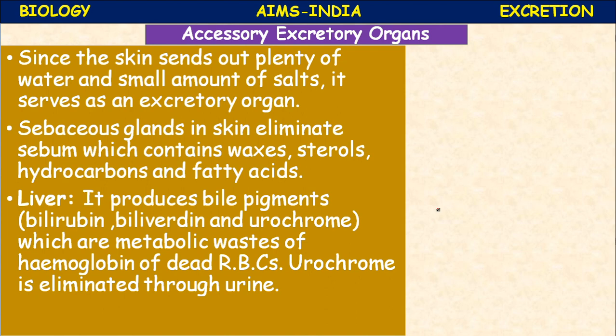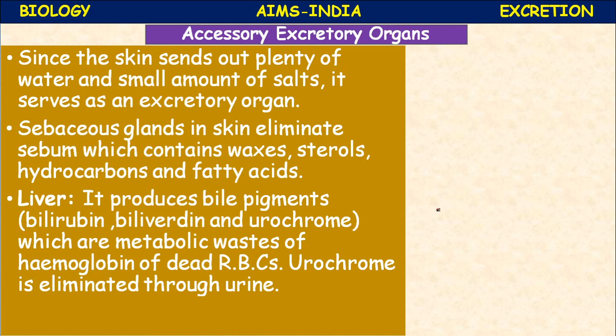Next, come to the liver. Liver produces bile pigments. The bile pigments are bilirubin, biliverdin, and urochrome. To some extent urochrome is also formed from these pigments, but this urochrome is formed in the liver.